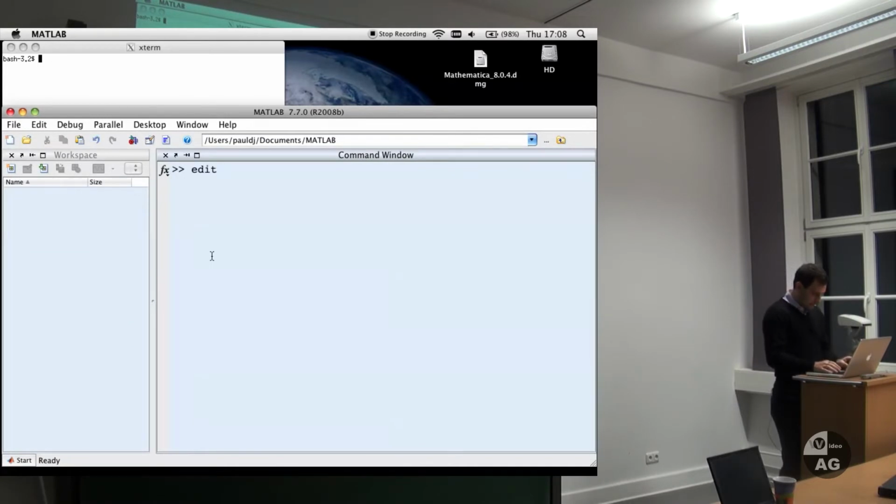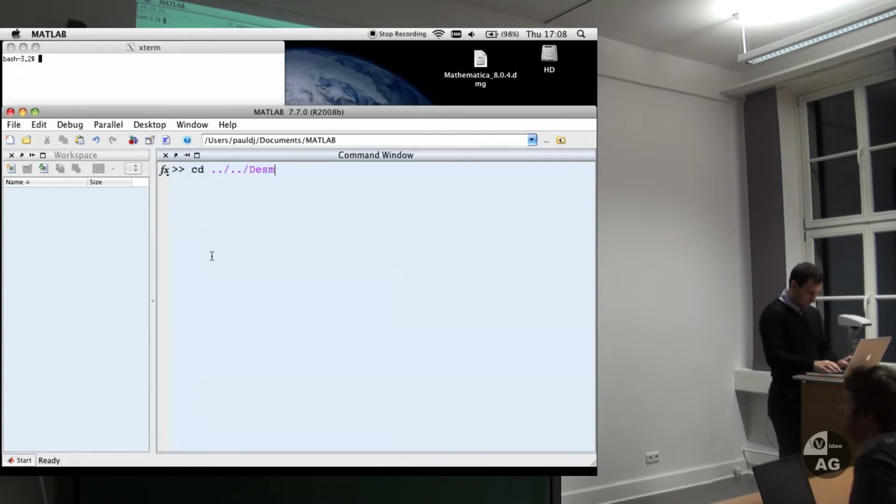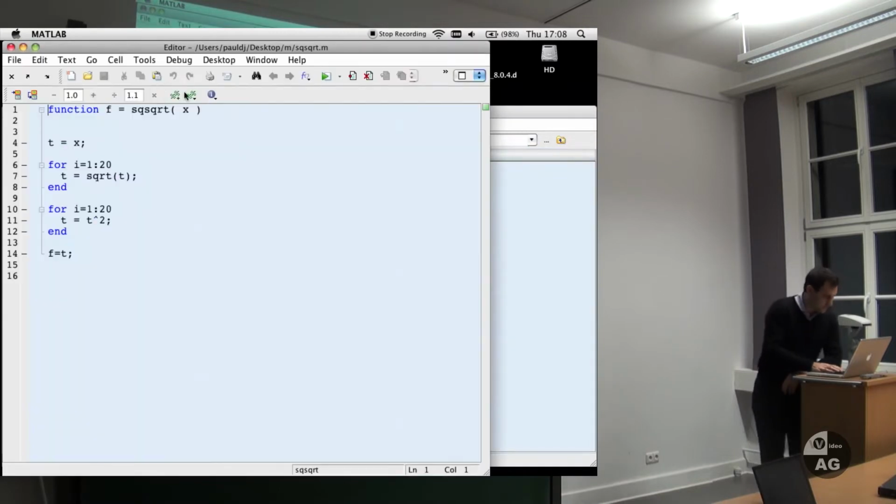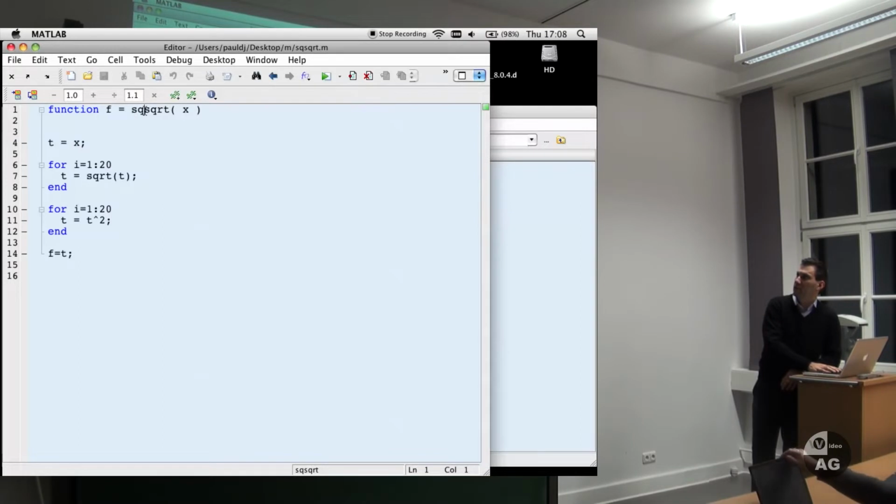So edit. SQRT means that I take the square roots first and then I square the result.